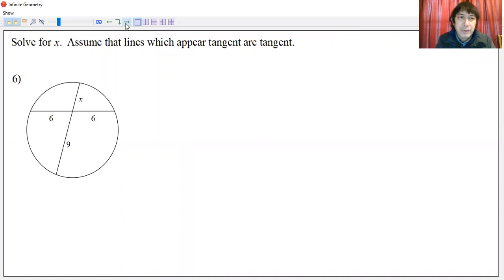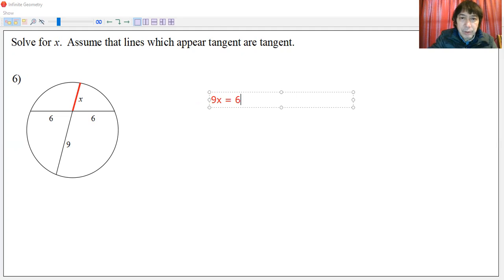Solve for x. So we're solving for this length over here. I will mark it red. How long is that segment? If you still remember what we discussed in the previous problem, then our working equation will be the length 9 times x, or simply 9x, must be equal to the product of the segments 6 and 6.